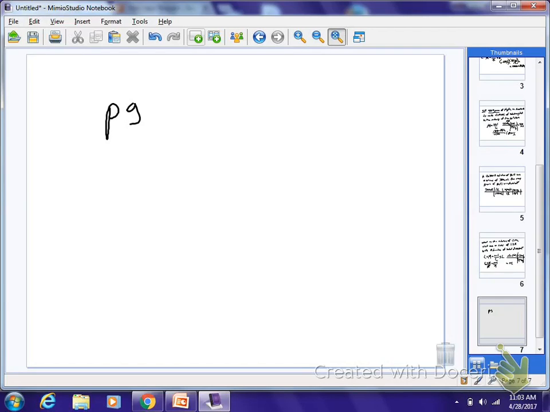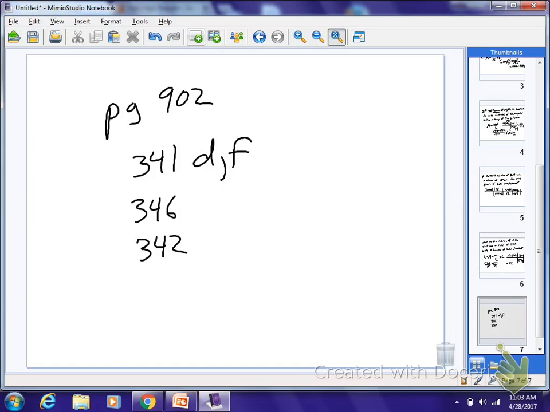Page 902. I'm going to put it in order of difficulty: 346, then 342, and then 358. I think that's the order of difficulty, but I could be wrong. So that's your assignment out of the book.